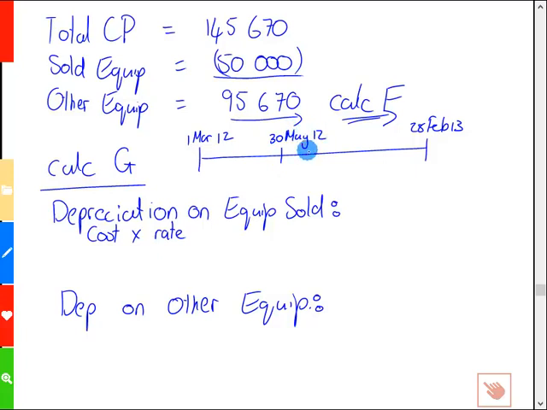So for how many months did we have this asset in the current financial year? 1, 2, 3. Okay, 3 months we used this asset. So we can only depreciate this asset for 3 months. Remember, depreciation is accounting for the use of the asset. So we have to multiply this by 3 over 12.